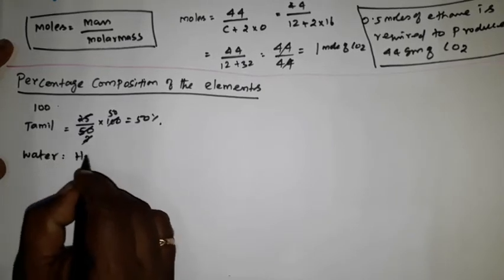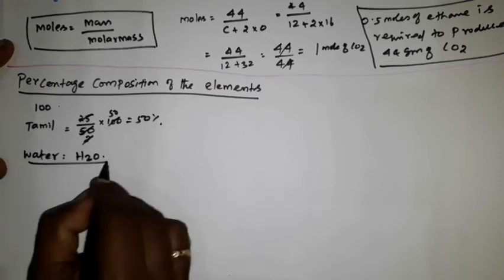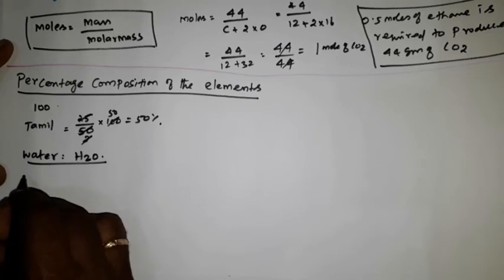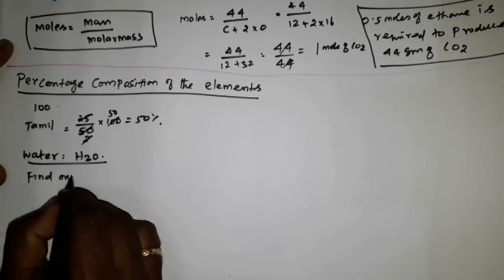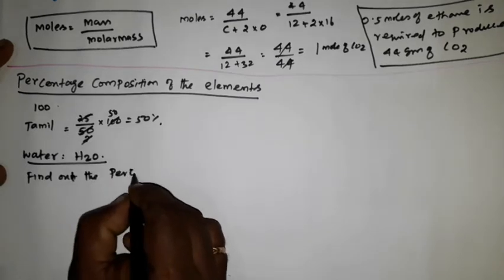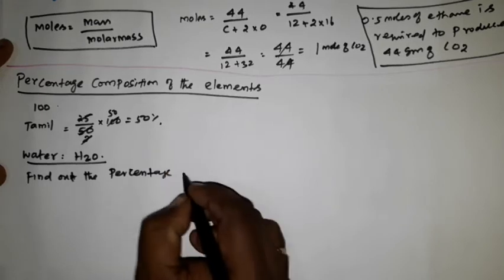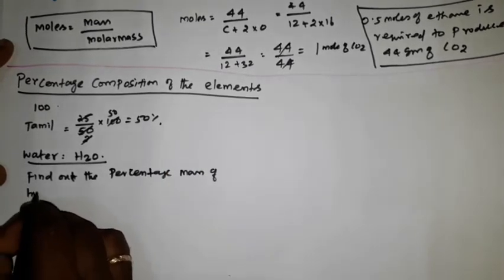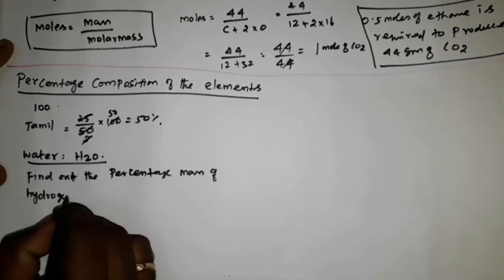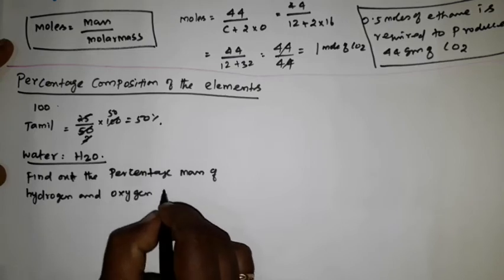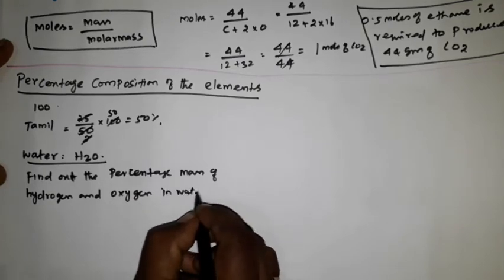For example, water formula is H2O. Find out the percentage mass of hydrogen and oxygen in water.